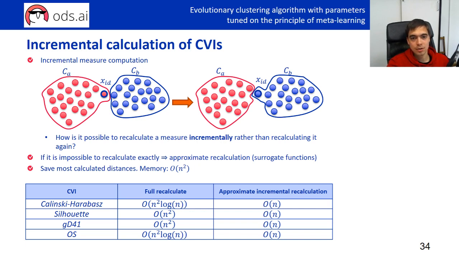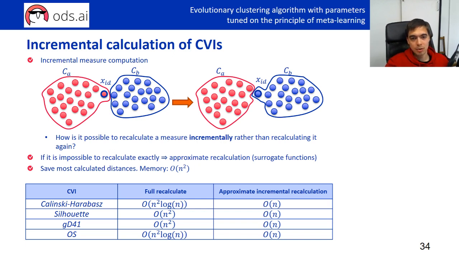Since not for all the measures there is a possibility of a precise incremental recalculation in a time less than a full recalculation, we will further use special surrogate fitness functions when it's impossible to do precisely. The idea is to maintain all possible distances between the dataset elements and centroids, so it requires more space but it's fast in terms of time.